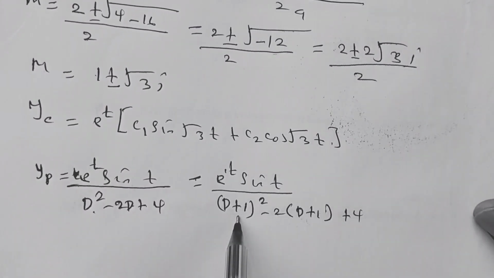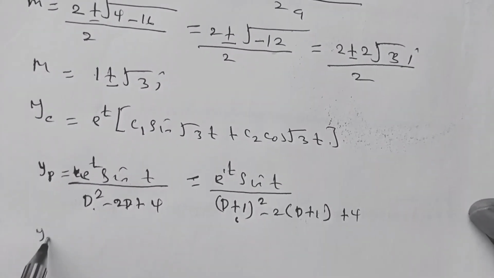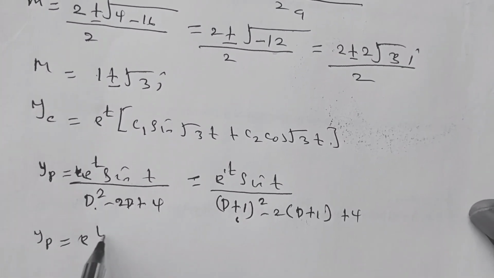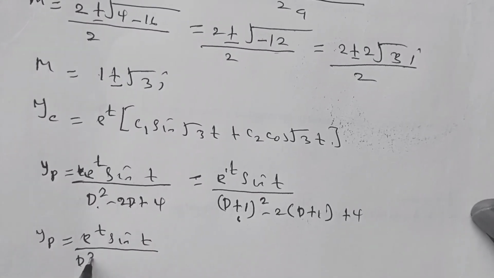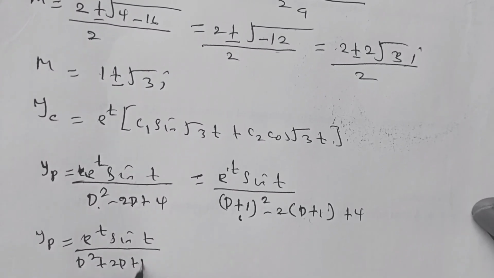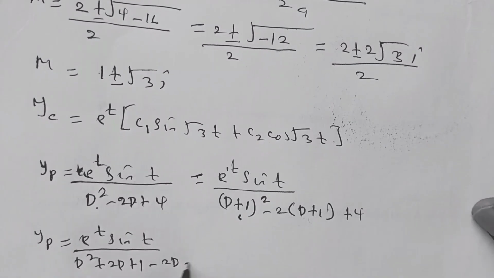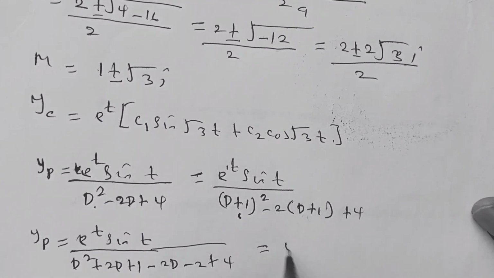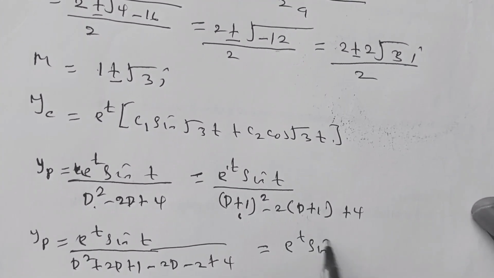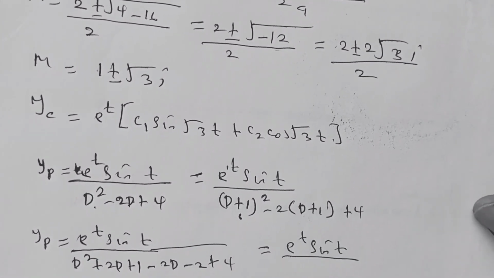So we are going to expand this part here, so that our yp will be equal to exponential t sine of t divided by D squared plus 2D plus 1 minus 2D minus 2 plus 4, which is equal to exponential t sine of t divided by.